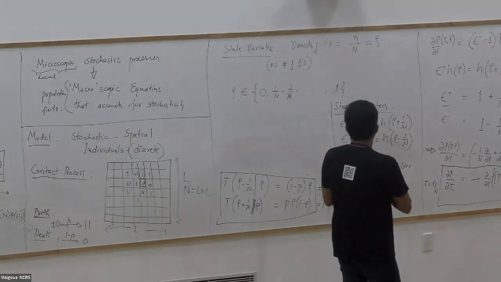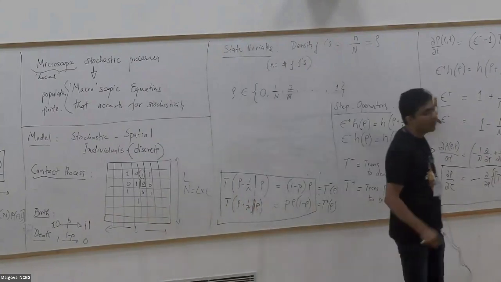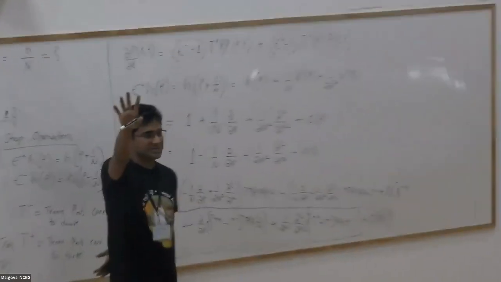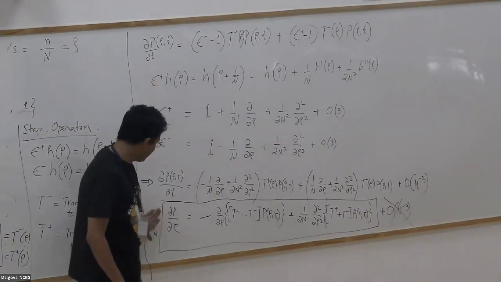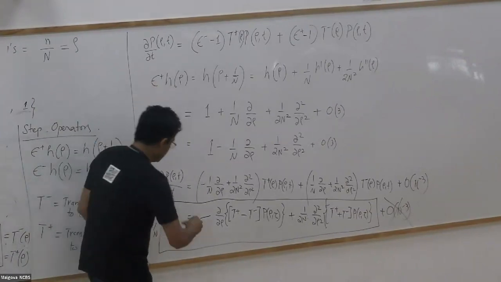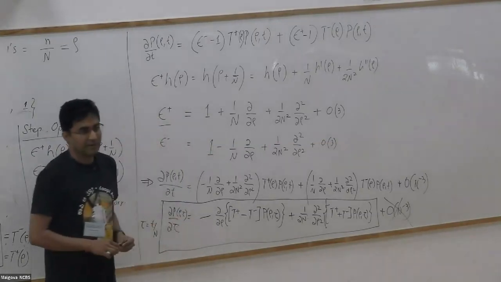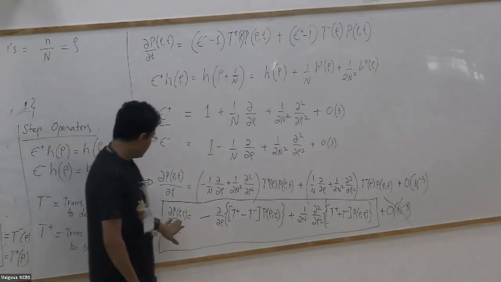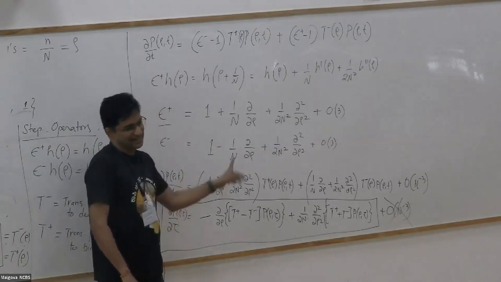Then we used some algebraic tricks, and we ignored some higher order changes. Under these assumptions, we now have an equation that tells us how the probability of the density of the entire landscape changes with time.